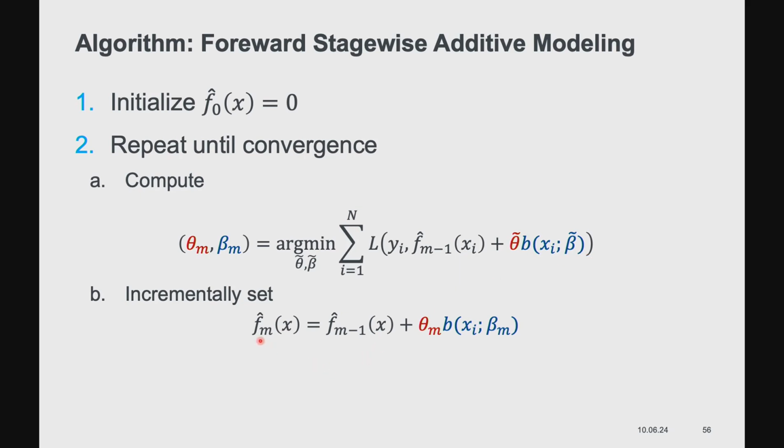So f hat m, our new predictive model, is then the previous predictive model, which is now improved because we add this. And remember, we have now used the one that best reduces our loss, that makes the error as small as possible, as we can do in one step. Remember, we have a base function. It's very easy always to think of decision stumps. It could be other base functions.